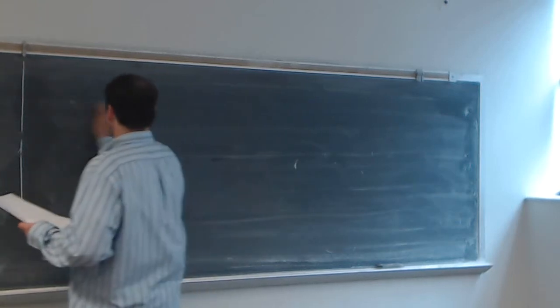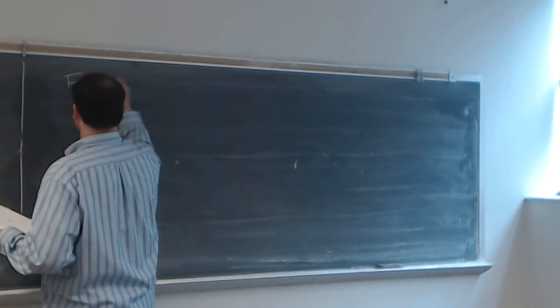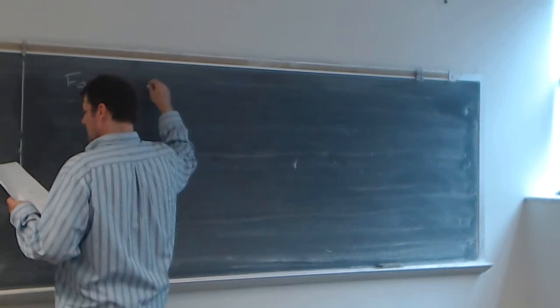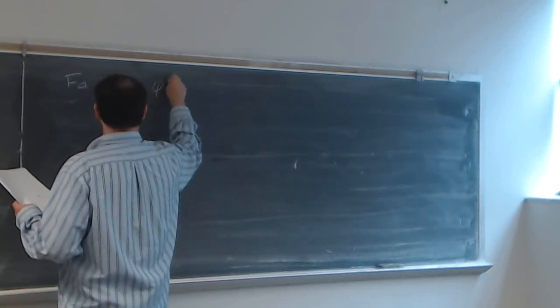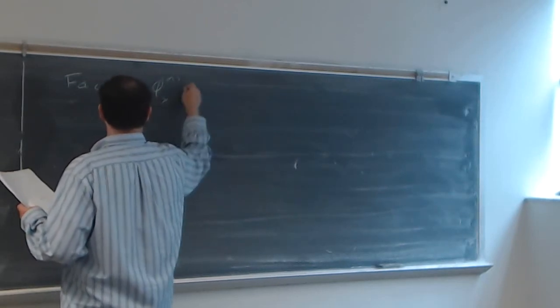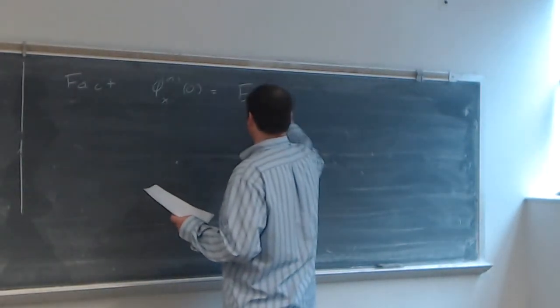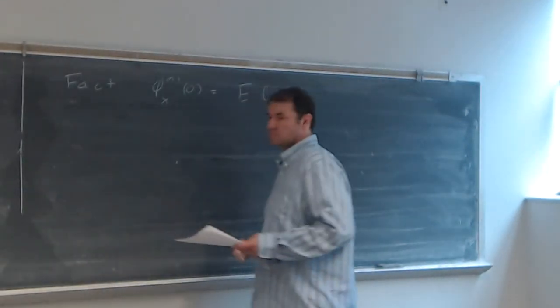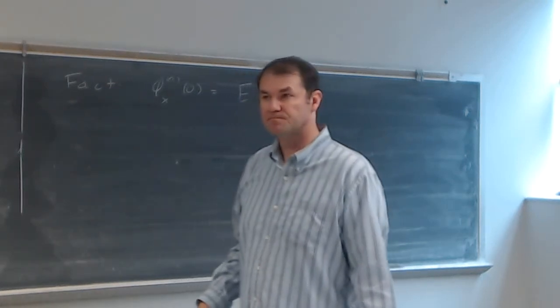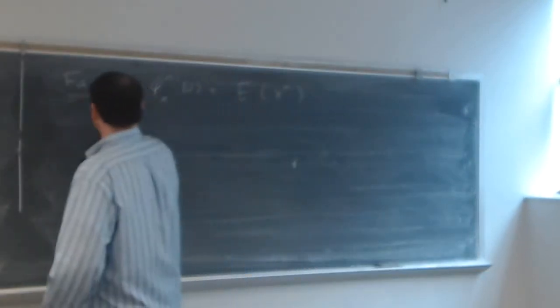So here's the fact. Very simple. The nth derivative of phi sub x at 0 equals the expected value of x to the n. Very easily shown. Here's the proof.